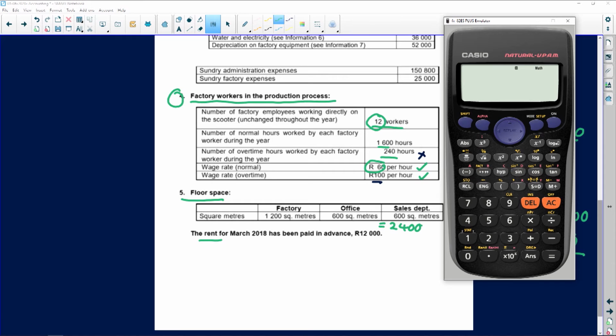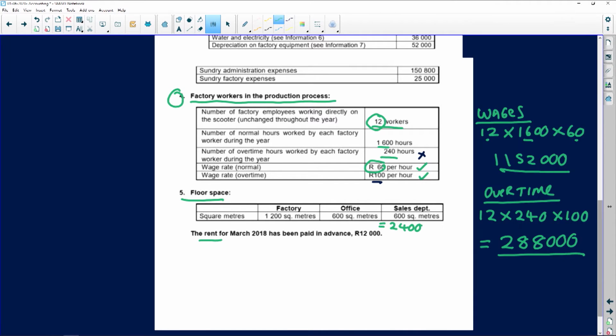So 1,200 divided by 2,400, times 100, and the factory should be 50%. Okay, so remember, once again, I'm only interested in the factory. I'm not interested in the office. I'm not interested in the sales department for this particular question.